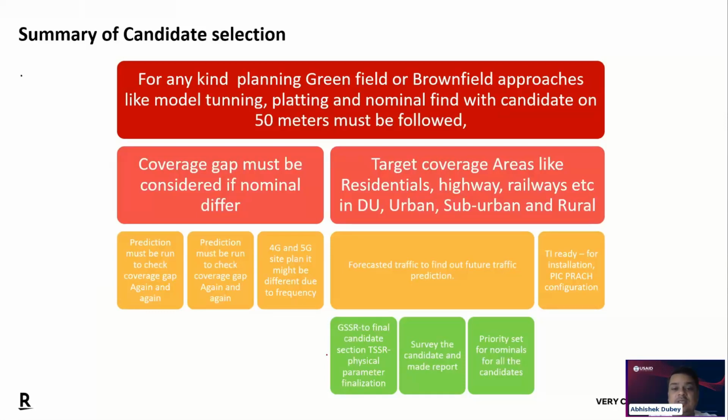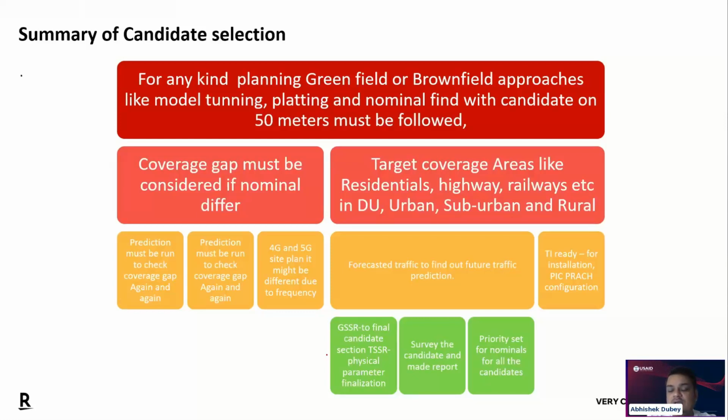And then the next one is that the 4G and 5G site plans might differ due to the frequencies you are going to use for the 4G deployment and the 5G deployment. Might be in a certain area you require only 2 or 3 sites based on the coverage plot for 4G, but in the same area you might require 6 to 7 sites for 5G.